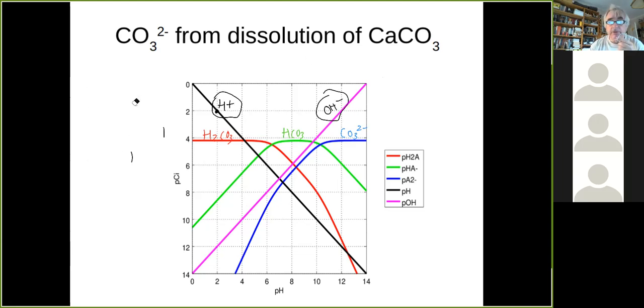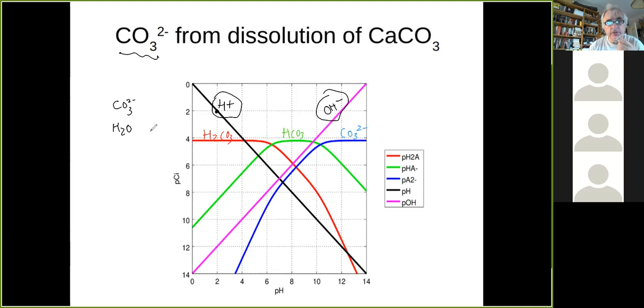So what did we have with the carbonate ion? In a solution, we assume that there is nothing else than carbonate ion in the solution. But then we forgot the water.